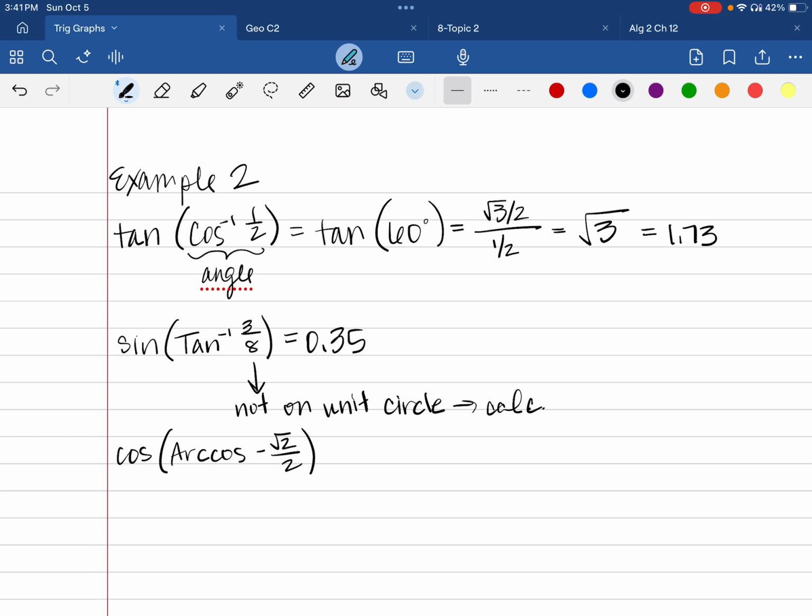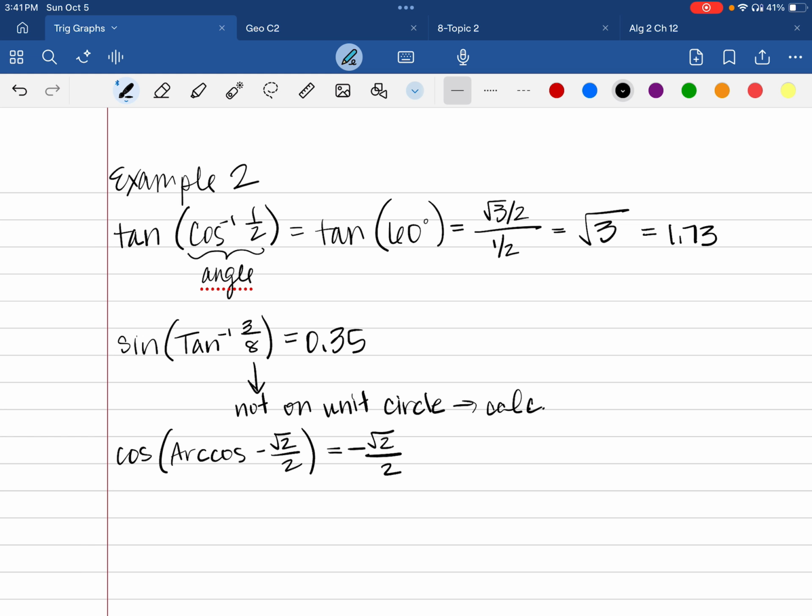So this one, just like if you're solving an equation, adding 4 is the opposite of subtracting 4. If we add 4 to a negative 4, it cancels each other out. If I do the cosine of the arc cosine, they cancel each other out. This would just be the negative square root of 2 over 2.